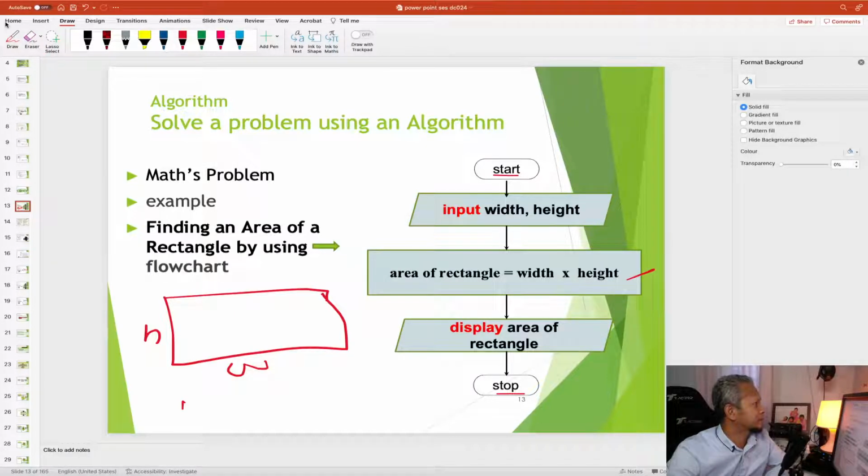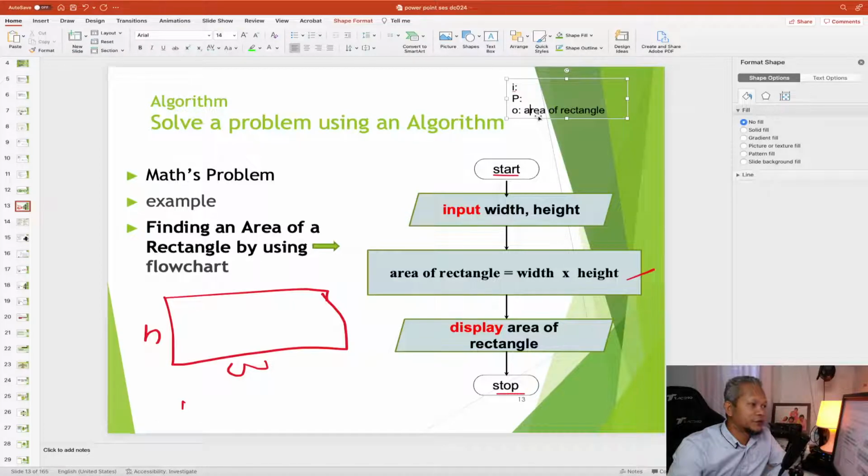So you can write very simple words to present the variable we are using, area of rectangle. And then after that we need to determine what is the input. So the input, regarding that formula, we know area equals width times height.